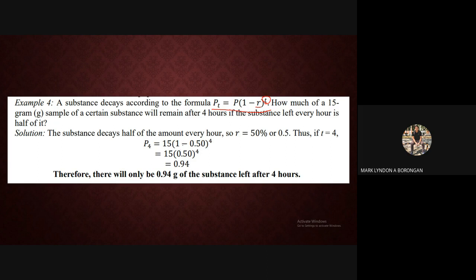Okay? 1 minus 0.50 is just equal to 0.5, right? If we input this in the calculator, our final answer is 0.94. So therefore, there will only be 0.94 grams of the substance left after 4 hours.